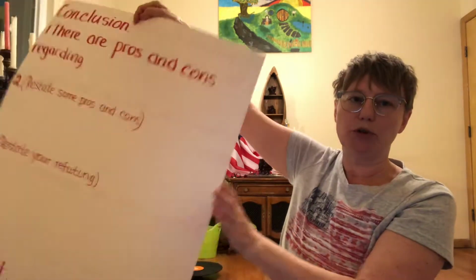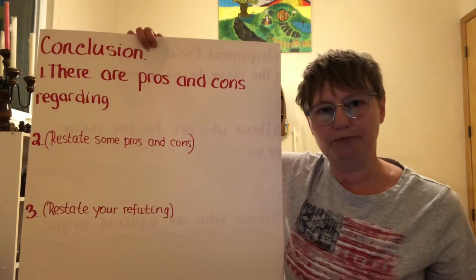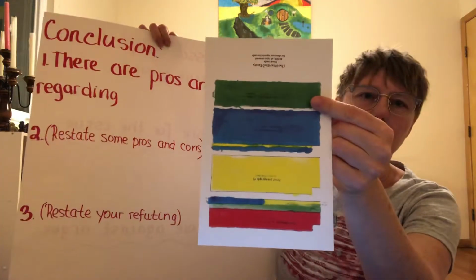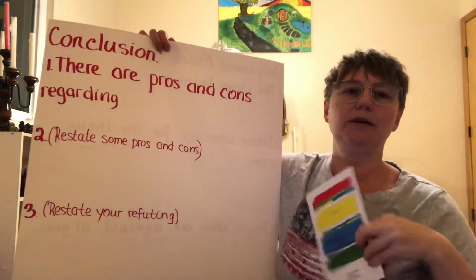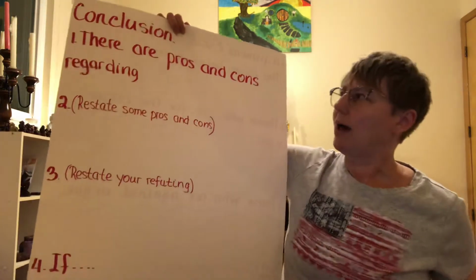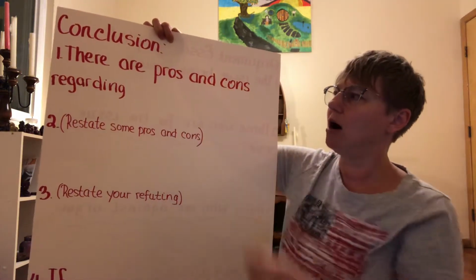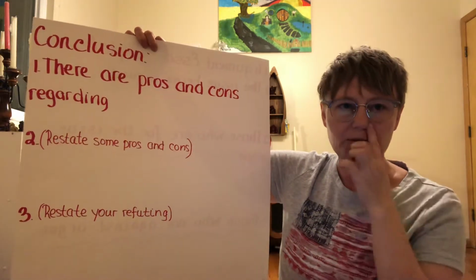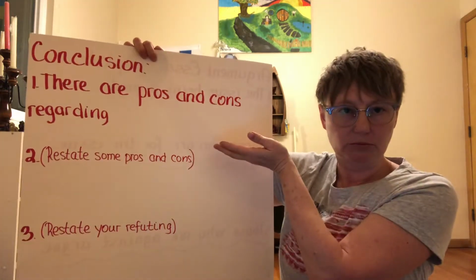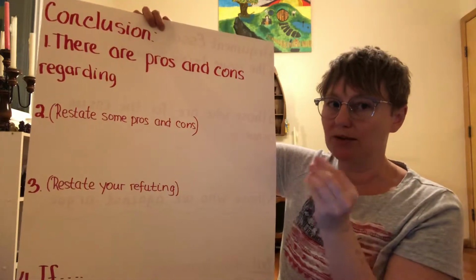And your conclusion is going to be extremely structured as well. This is the structure of your conclusion. And you remember the color coding is this. Upside down. The green is at the bottom, the red is at the top. Okay, perfect. So in your conclusion, you're going to restate pros and cons. You can actually start your conclusion with the phrase, there are pros and cons regarding, restate the issue. Number 2, restate some pros and cons.